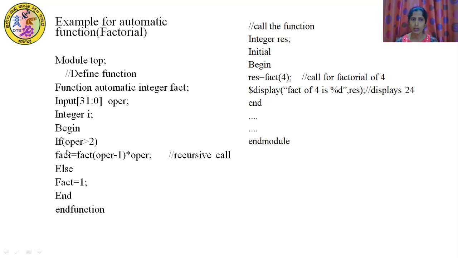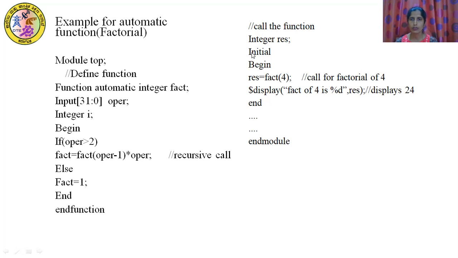Else, if the number is not greater than 2, then fact is equal to 1 here. The keyword endfunction ends the function.